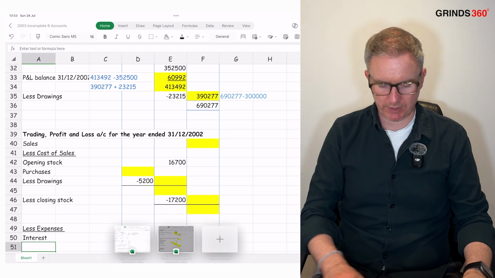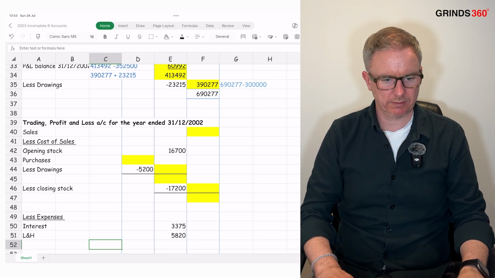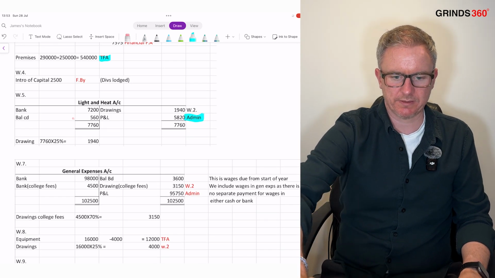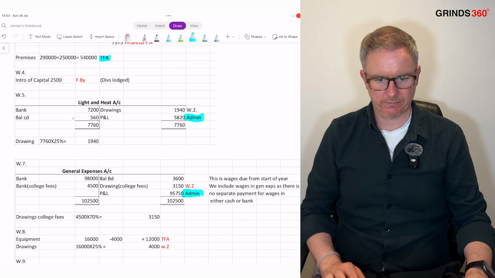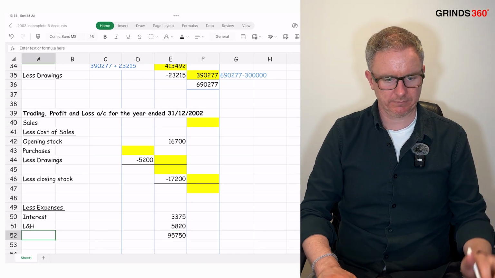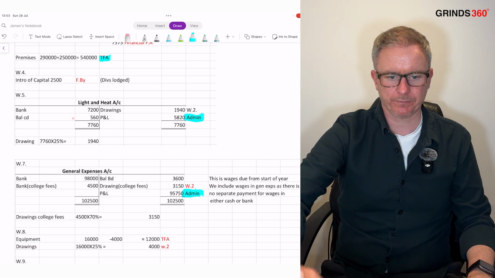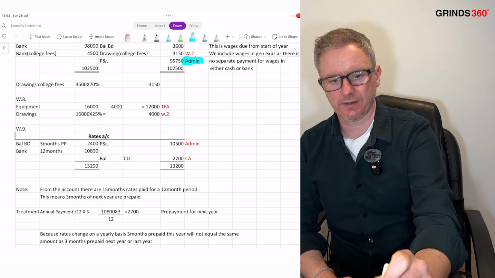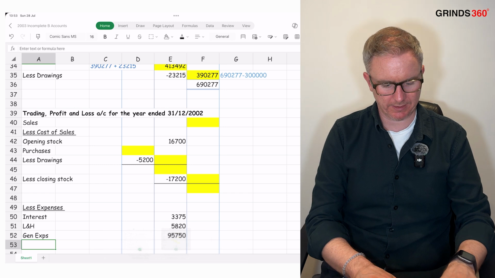Now I have it labelled admin, you don't need to do that. General expenses, so 95750. Our rates 10,500. Again, just marking it off so you know you're not missing anything at the end.